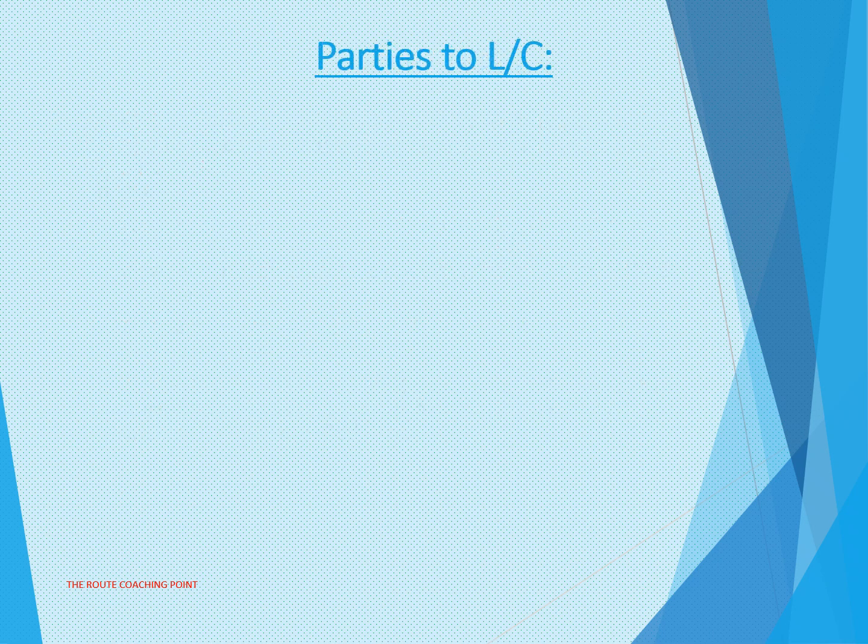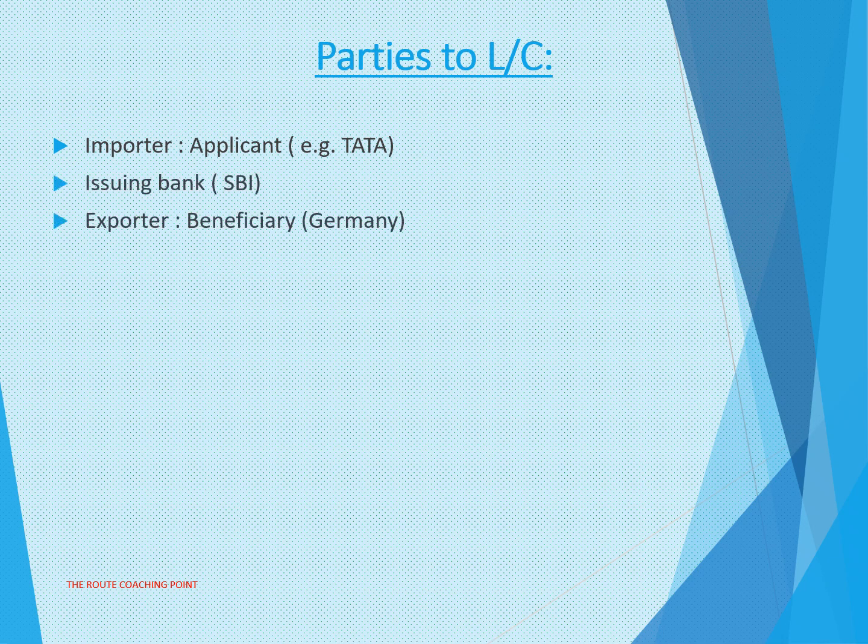How many parties are there in an LC? Importer, that is the applicant or buyer of the goods. For example, suppose Tata. Issuing bank: suppose Tata is banking with SBI. Exporter, the beneficiary: suppose Tata is buying from Germany. Okay.